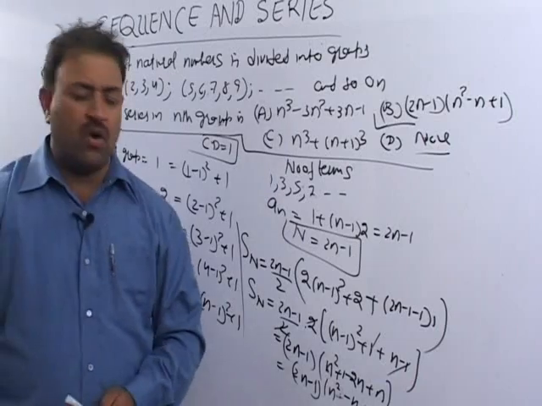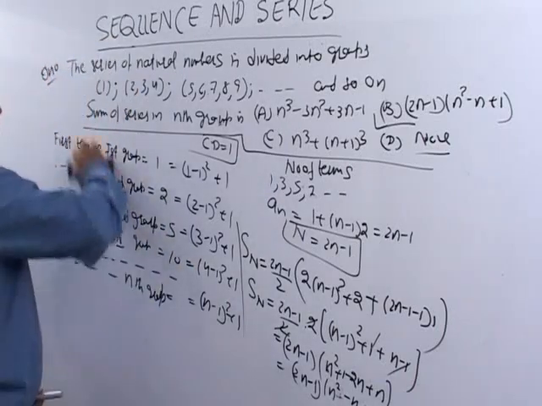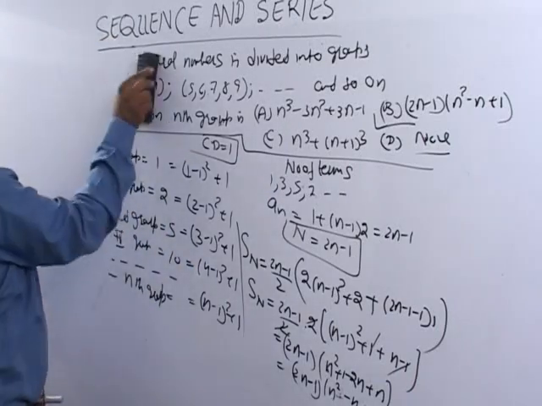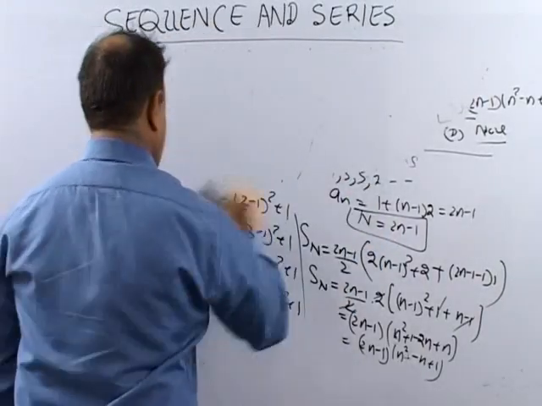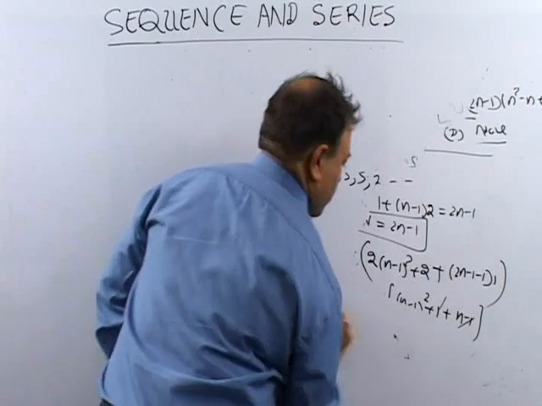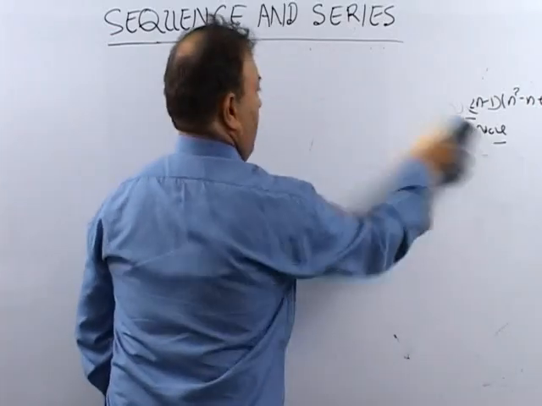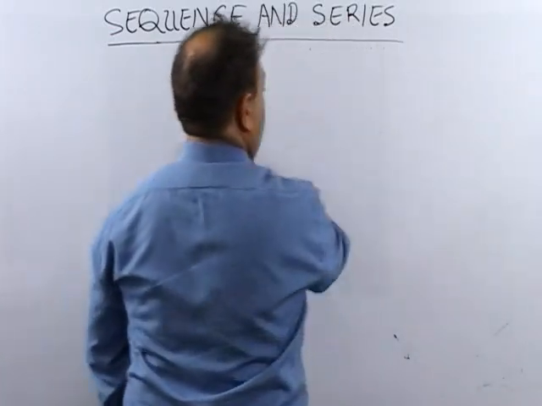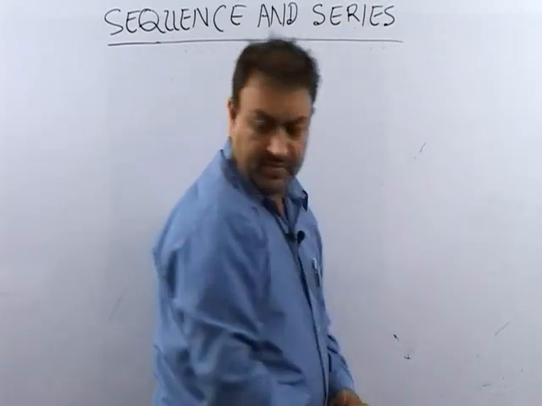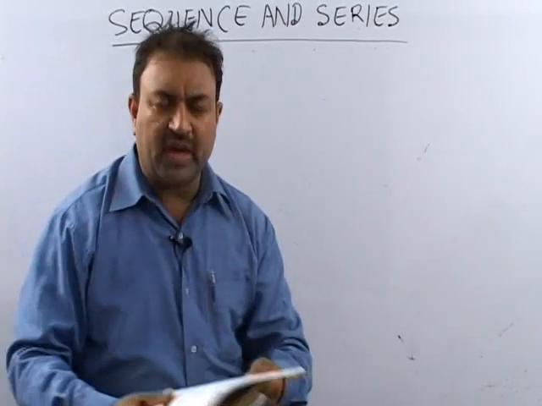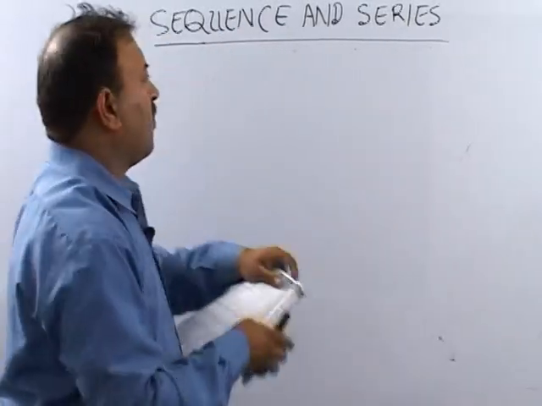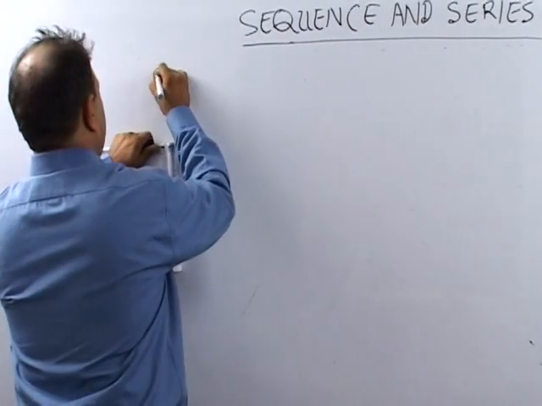Next complex problem of our booklet is question number 41, the very next problem after question number 40.